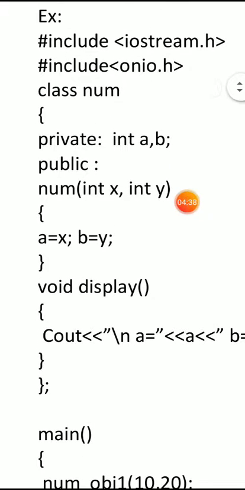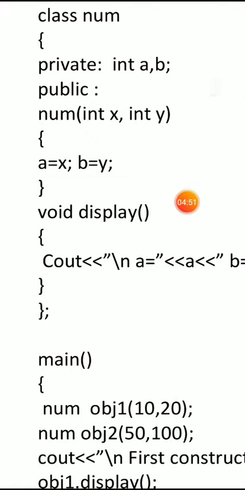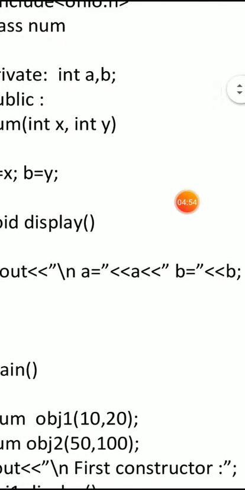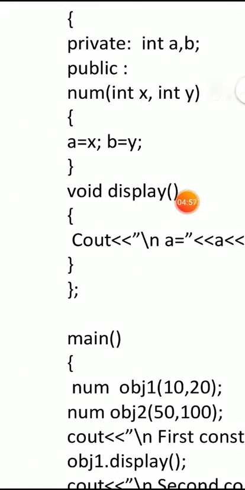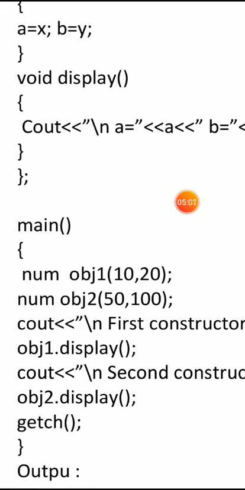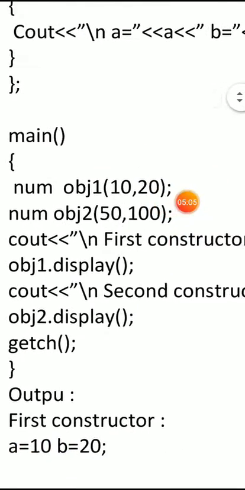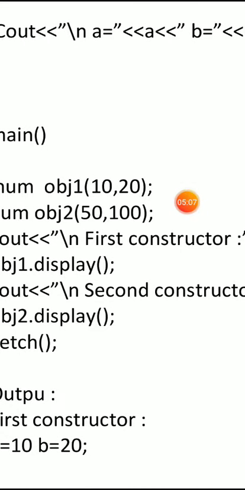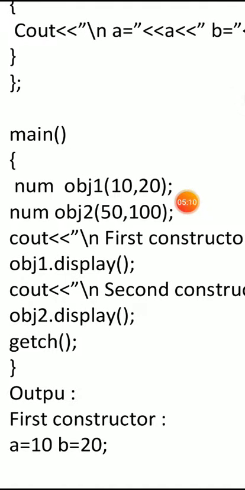In general, class num contains two private data members and two member functions. Among them, one member function is the parameterized constructor, num(int x, int y). A contains the value of x and b contains the value of y. These values are passed from the main function by creating object 1 and object 2. Inside main you can see num obj1(10, 20). Here obj1 is an object of class num and 10, 20 are the arguments.